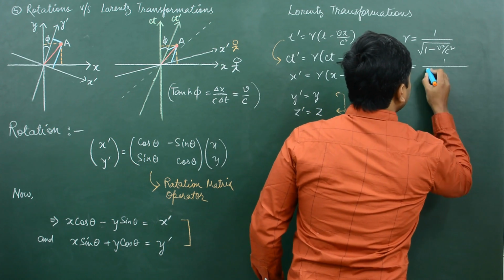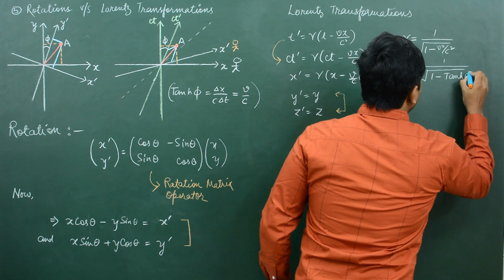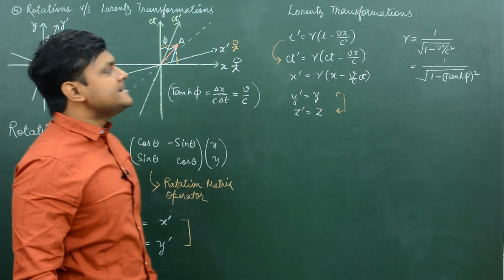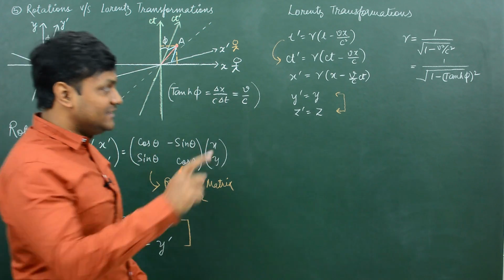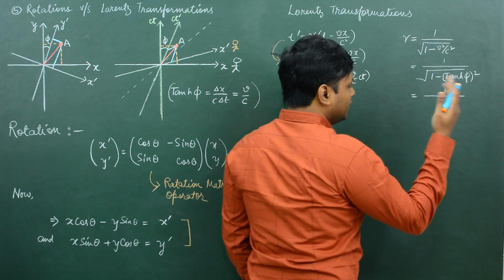So from here I get 1 upon root over 1 minus tanh square phi. So what is 1 minus tanh square phi? We can find that from the trigonometric expressions.